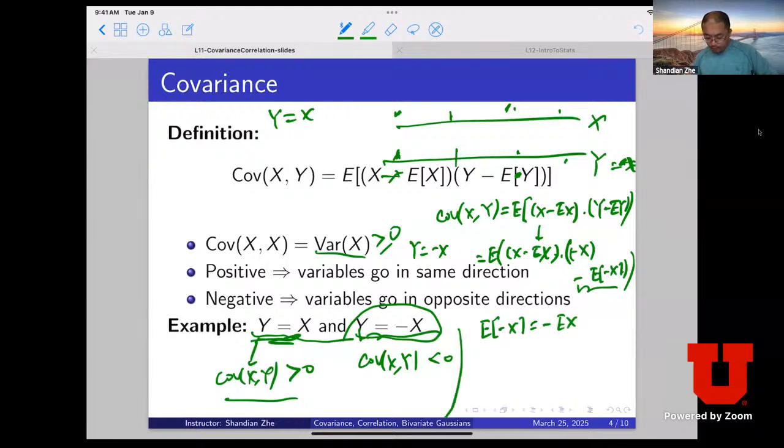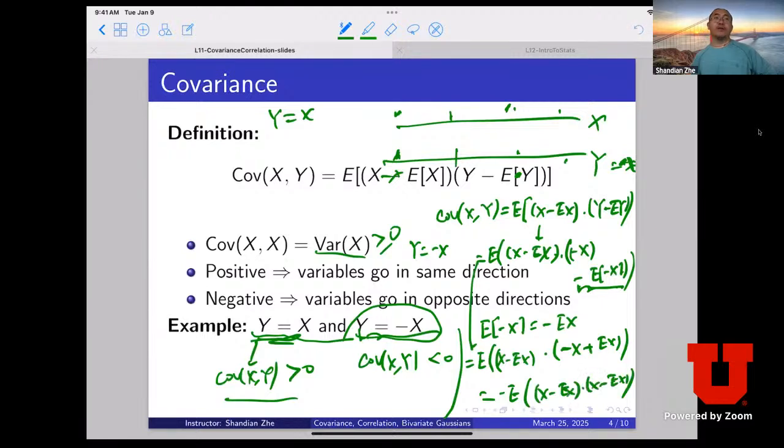Then our result becomes x minus ex times minus x plus ex. If we put the minus sign in front, this becomes minus x minus ex times x minus ex, which is just the square of x minus ex, and take expectation.